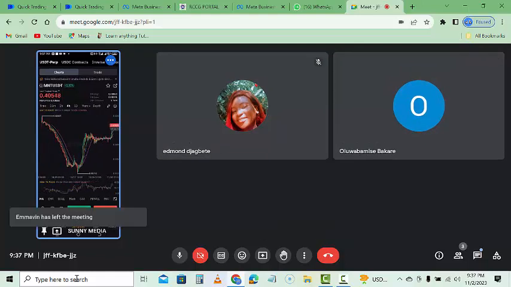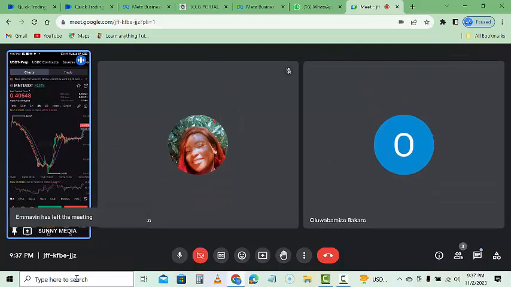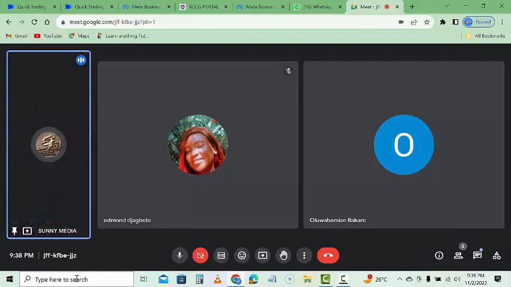Okay. The 4 hours should be looking at 0.424 zone. Okay, on the 4 hours. But right now, I'm not seeing a strong rejection like that.